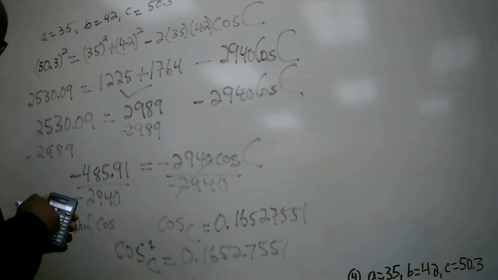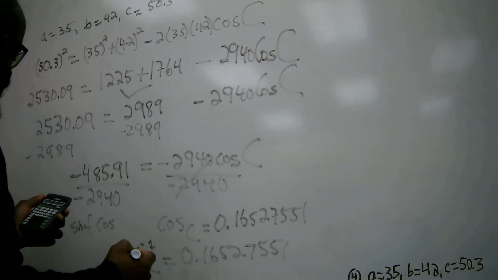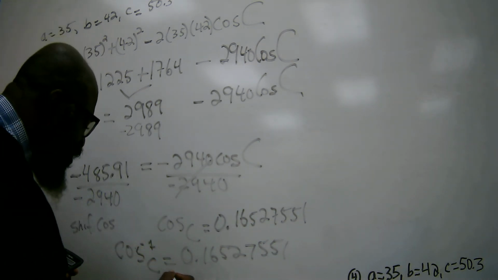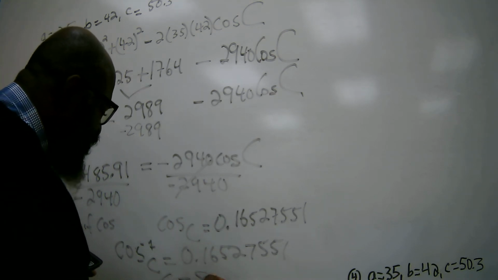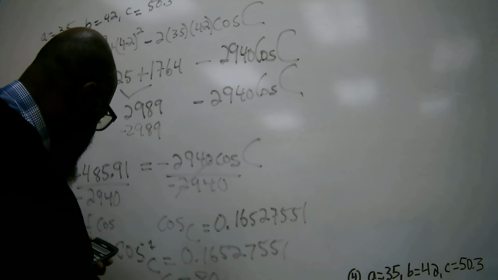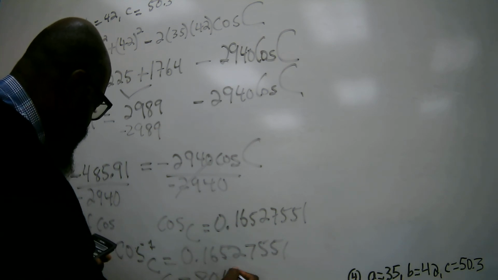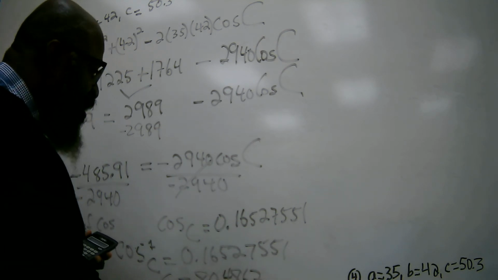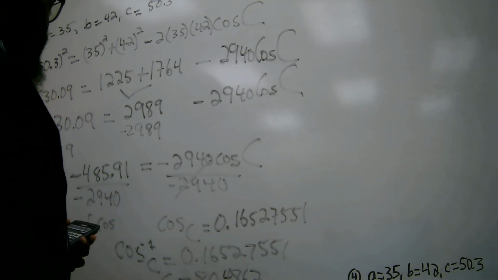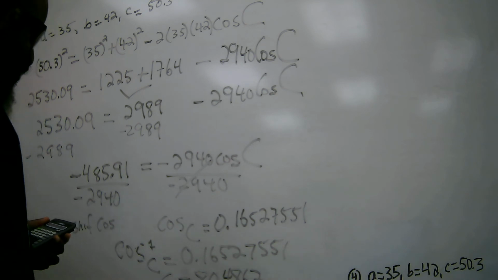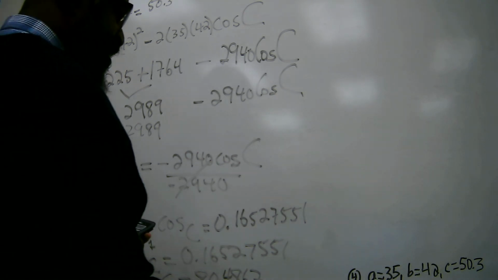Then I press shift cosine, and it will tell me what angle C is. It's 80.5 degrees. So I will have 84.867. I'm going to round this to the nearest tenth. Then I will find angle C to be 80.5 degrees.